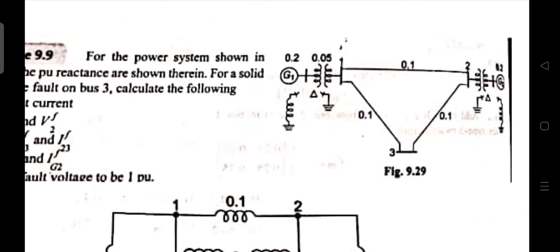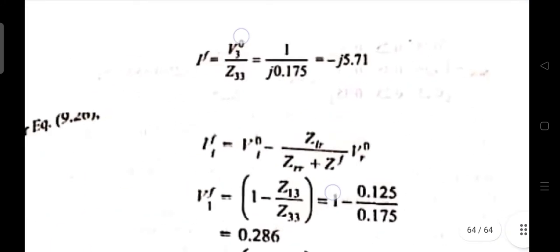Fault current equals voltage divided by impedance. So at bus 3 the impedance will be Z33. So the fault current will be voltage divided by Z33, which we already know as 0.175, and the per unit voltage we already assumed as 1 at angle 0. So it will give us the fault current at bus 3.